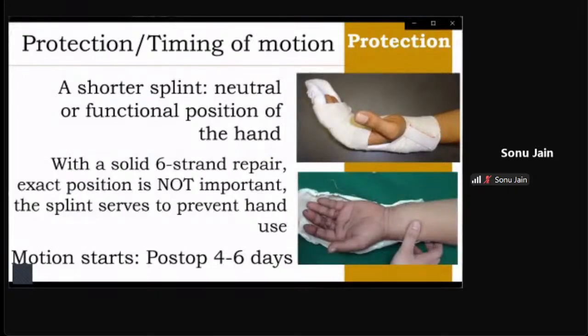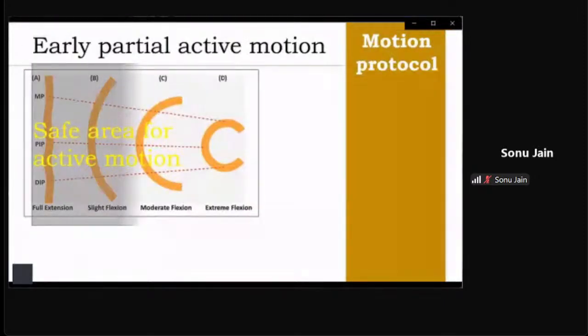The first 3 or 4 days do not need any motion. In doing the exercise, first do passive motion, then active motion. Active motion only goes up to the mid-range and avoids extreme flexion. I have used this protocol for 20 years and always go to the mid-range, not the extreme.